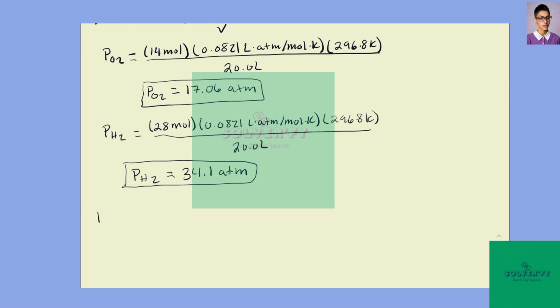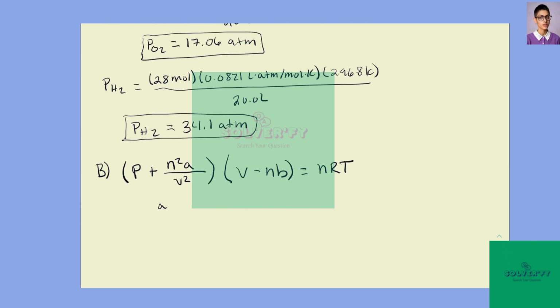For part B of this question, they are wanting us to use van der Waals equation. So van der Waals equation is P plus n squared times constant A divided by volume squared, times that by volume minus number of moles times B constant, and that's equal to nRT.